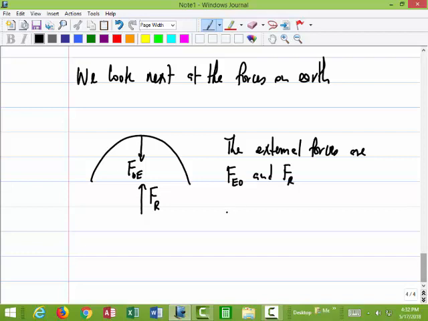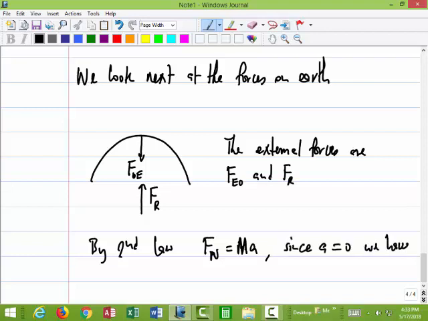So the same rule applies. By second law, the net force is equal to the mass of the earth times acceleration. And since a is equal to 0, we have the following, that the force of object on earth is equal to the reaction force.